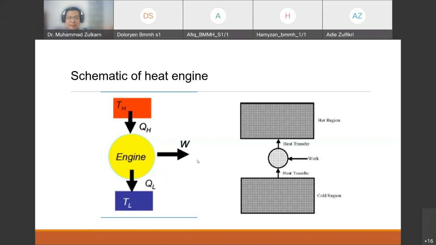This is considered in the system of the Carnot engine. And then the opposite way, actually, from the Carnot engine is the refrigeration cycle.